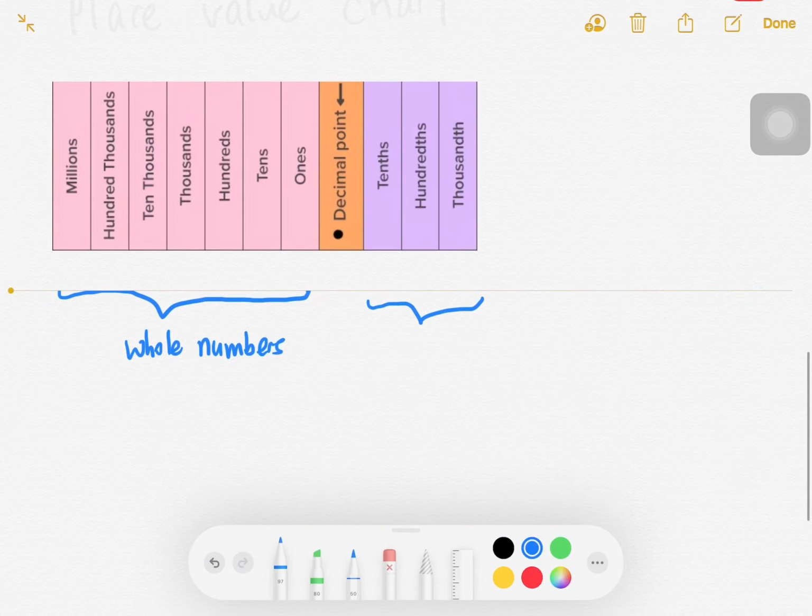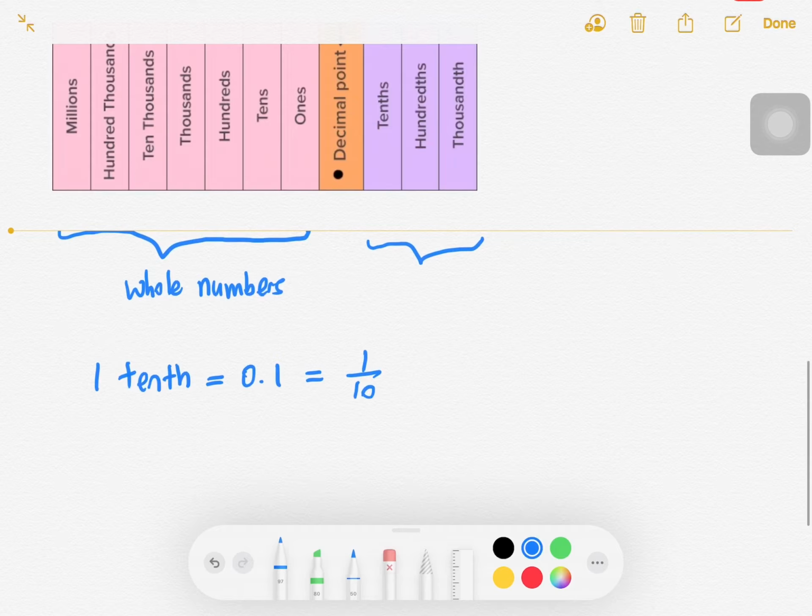So if I have 1/10, that is actually equal to 0.1, and for the fraction we will get 1 out of 10. And if I have 1/100, that is actually equal to 0.01, and the fraction is 1 out of 100.